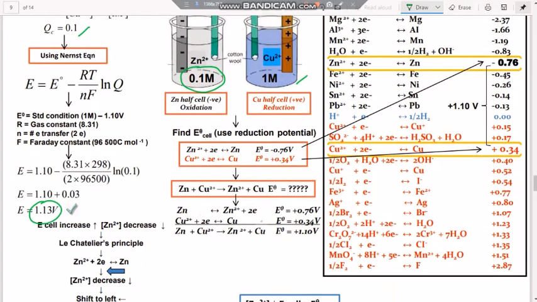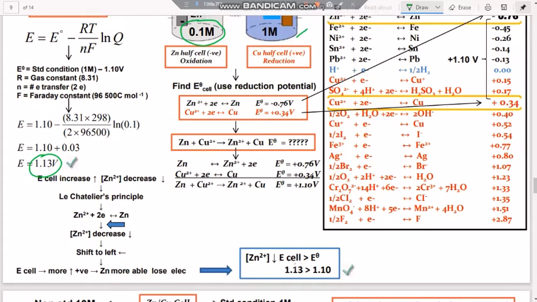That means when the anode concentration reduces, E cell also increases compared to the standard electrode potential. This is because in the zinc electrode equation, when the anode concentration decreases, the equilibrium shifts to the left side. That means E cell will be more positive and zinc is more able to lose electrons.